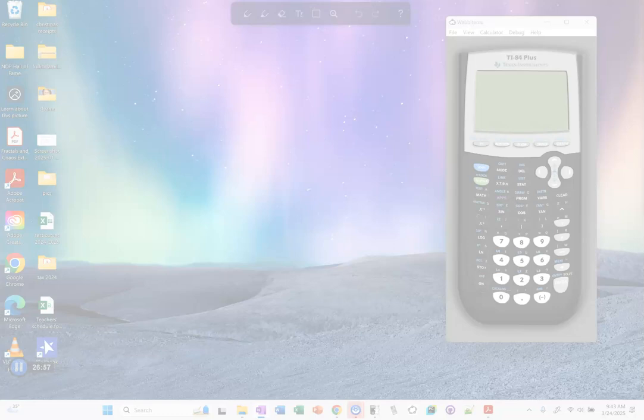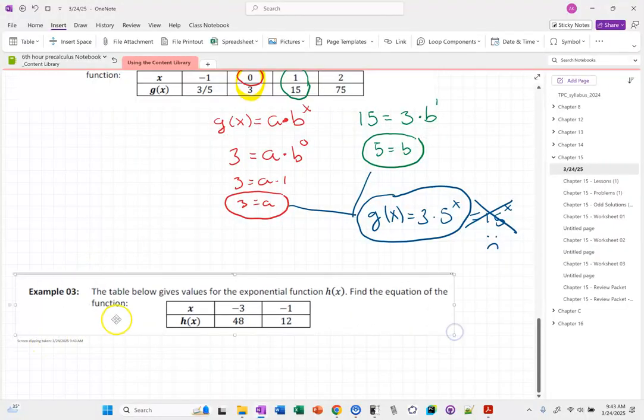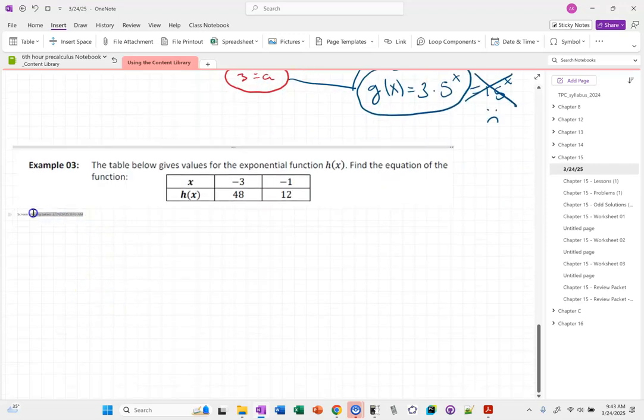Now, the other situation that I will ask you to be able to do by hand is where I give you just 2 points.